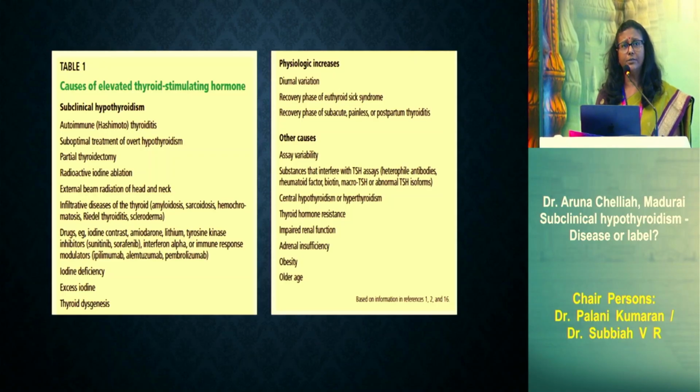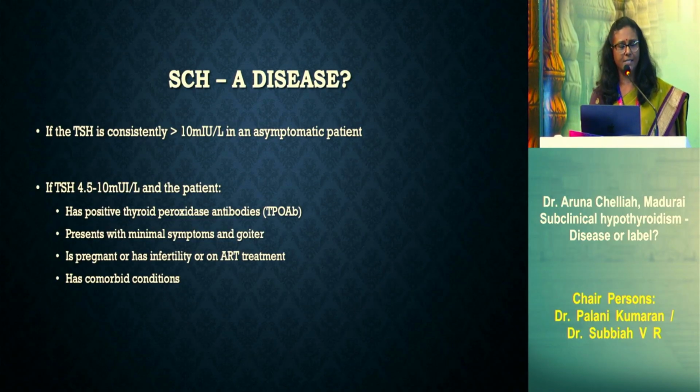And the other important thing nowadays is hair loss and biotin. Please ask the patient whether they have seen a dermatologist, or was or is taking biotin, before you interpret that result. And the rest are the other causes that can elevate the TSH.